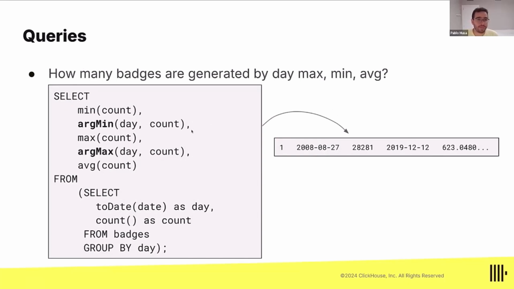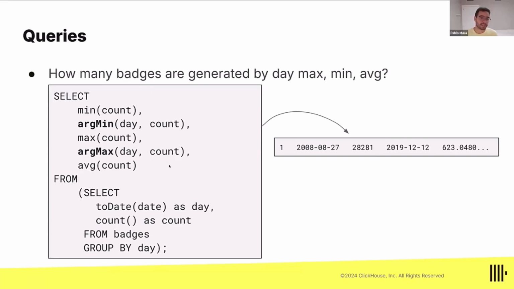Oh, this is a really, really cool one. I want the min, the max, and the average number of badges per day. So what is the day that we had the minimum badges issued to a user? What is the day that we had the maximum number of badges issued to a user? But I also want the value of the min and max number of badges, and just the average overall.